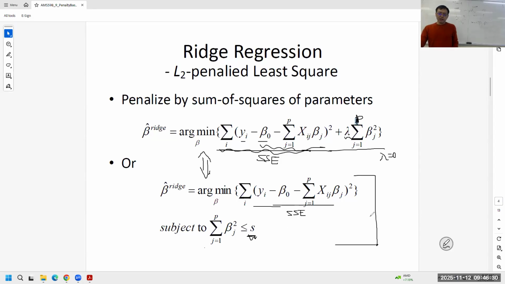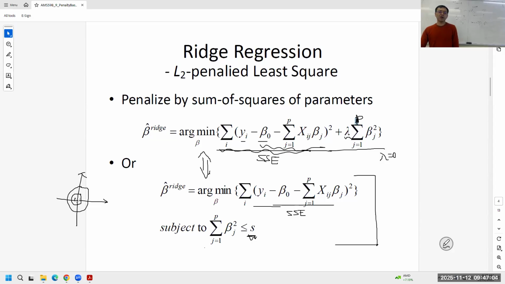If you look at the form below, it is just a constrained optimization. The constraint is on the sum of beta j squared. In two-dimensional space, it is just a circle, so your feasible region is a circle around the origin. If s gets smaller, the circle becomes smaller and smaller.